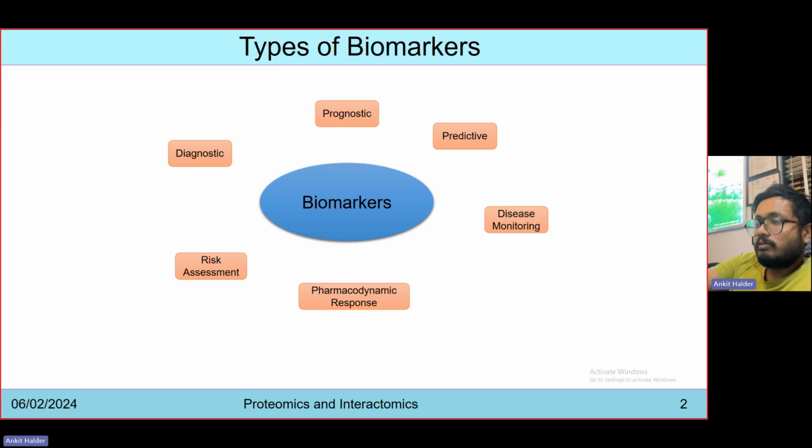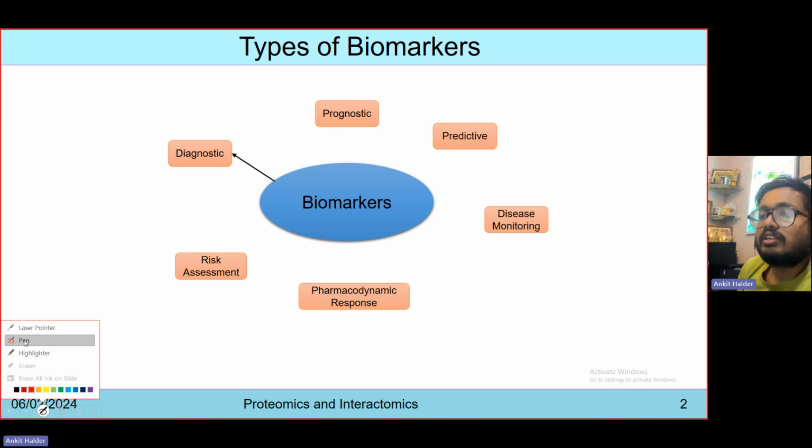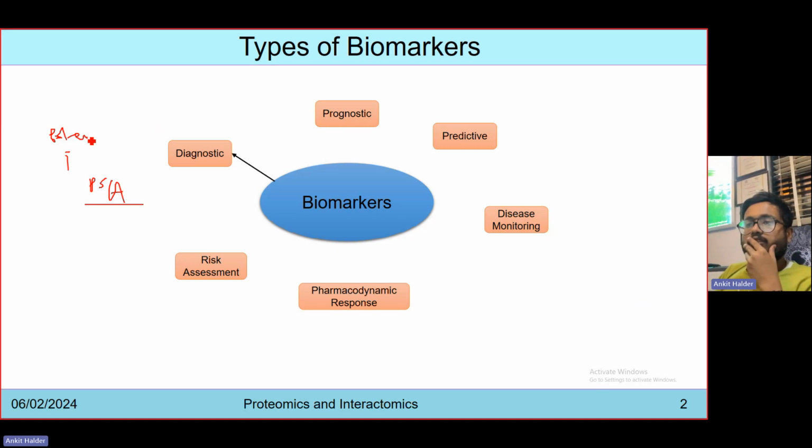So firstly, by the name you can understand that biomarkers can be diagnostic. I have already given you an example. PSA, prostate specific antigen, is a great example of a protein marker that is diagnostic for prostate cancer.